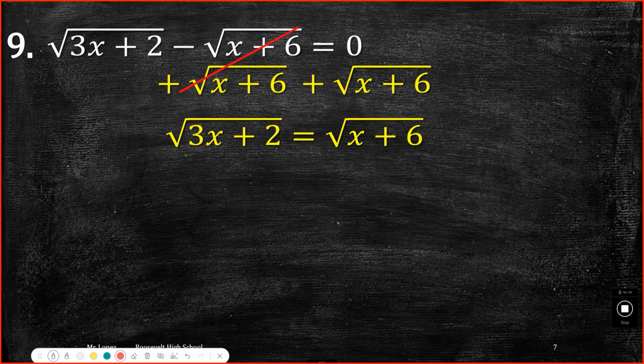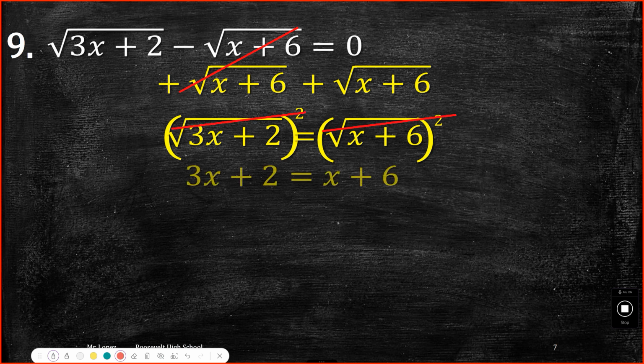We're going to hold it and square it. So they cancel out on the left and the right side. Now we have 3x plus 2 equals x plus 6, which is just a 2-step equation. What is step 1 here?